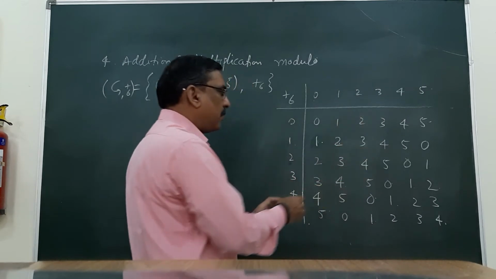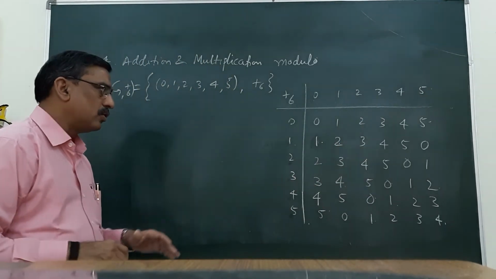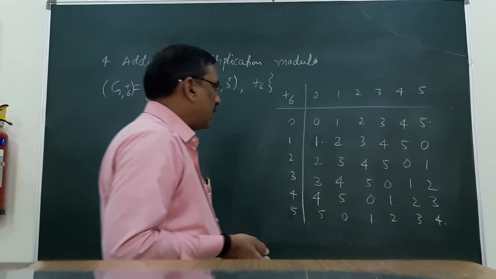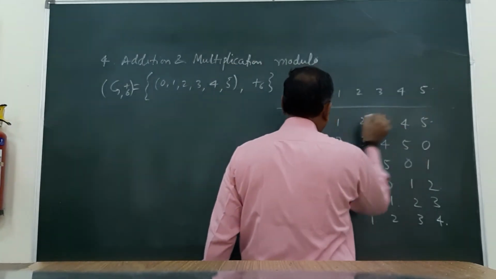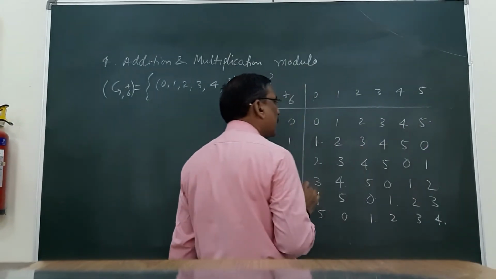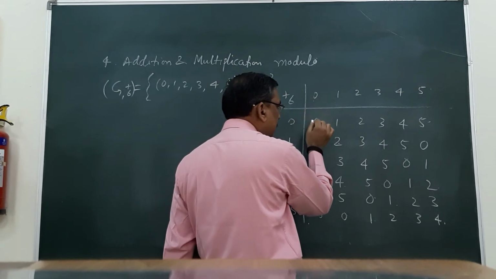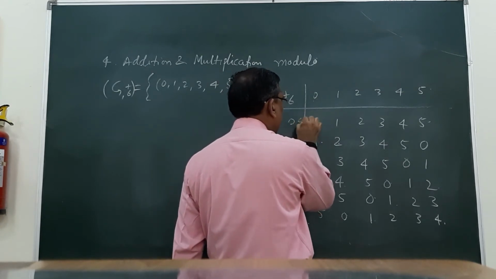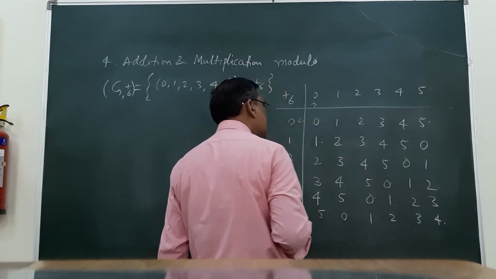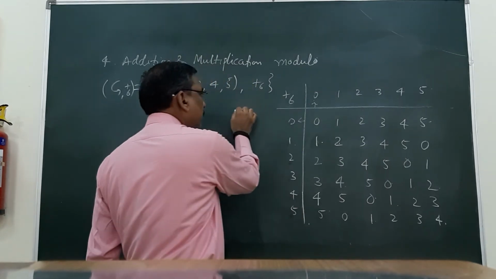From the entries of the table we can see that the closure property holds good. Since this row matches with this row, identity exists. Left as well as right identity are both equal, hence 0 is the identity for this set.